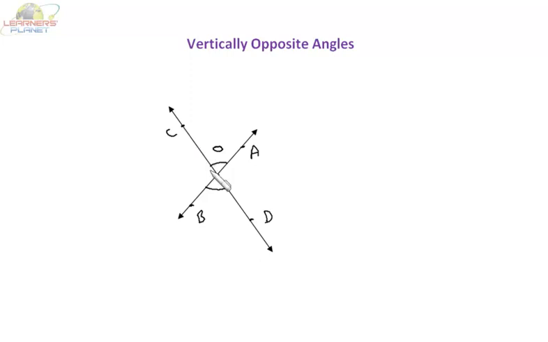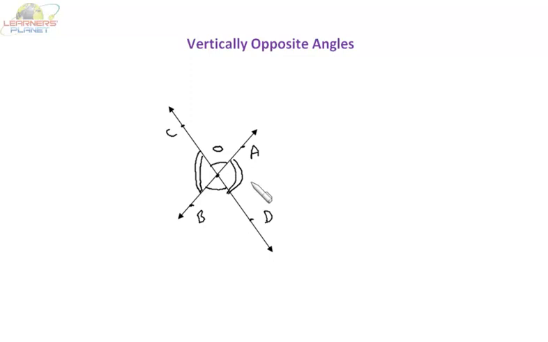Similarly, angle COB, that is this angle, and angle AOD, that is this angle, are also a pair of vertically opposite angles. Just a quick recap. Two opposite angles like this and this, having no common arms and formed by two intersecting lines, we call vertically opposite angles.